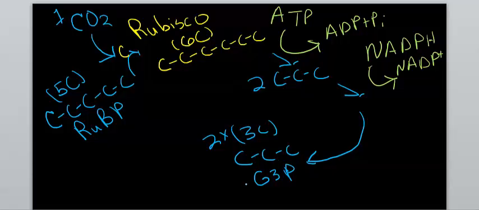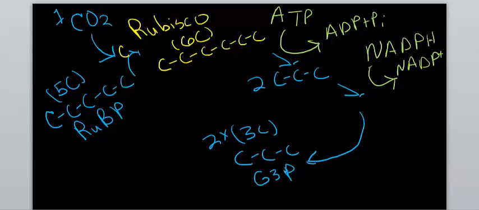Now, as you look at here, you've only added 1 carbon. That's not adding much. You want to make a 6 carbon glucose.